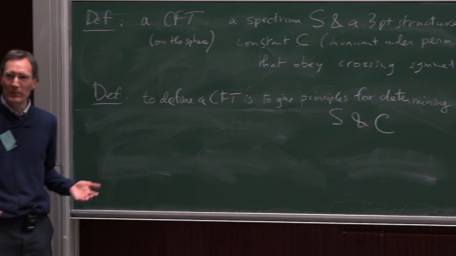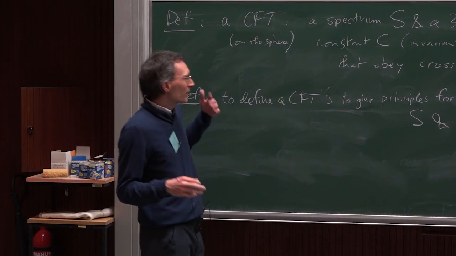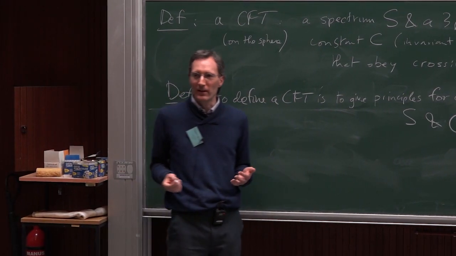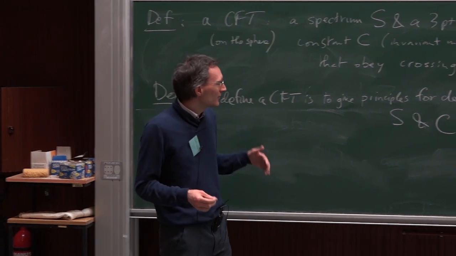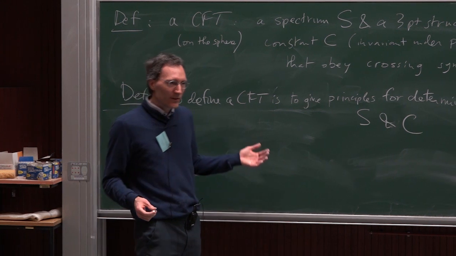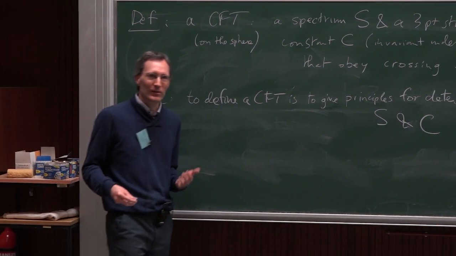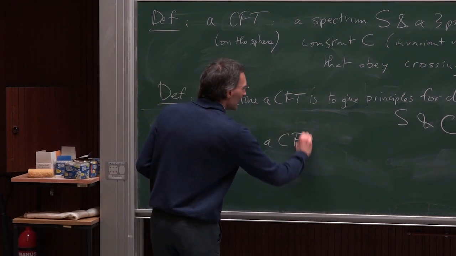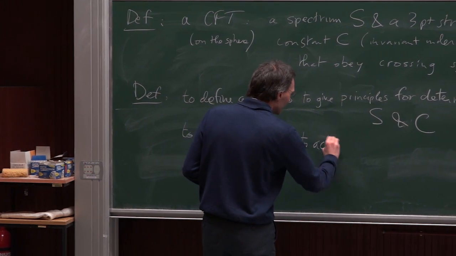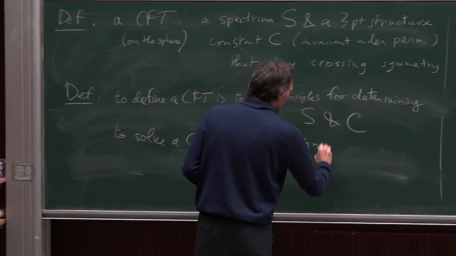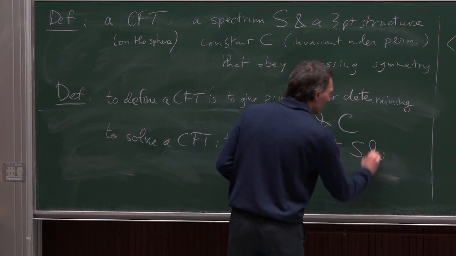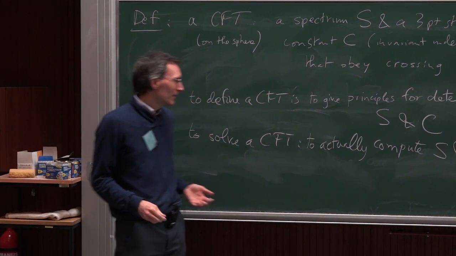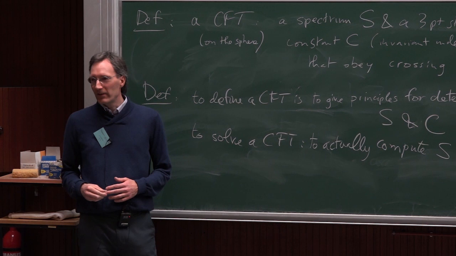For example, we can define minimal models as the conformal field theories whose spectrums can be decomposed into finitely many representations of the Virasoro algebra. And it turns out that this is a good definition for minimal models, but this does not give us the solution, or this does not compute the correlation functions. So to solve a conformal field theory would be to actually compute the spectrum and the three-point structure constant. And that's what we will be doing in the cases of minimal models and Liouville theory.